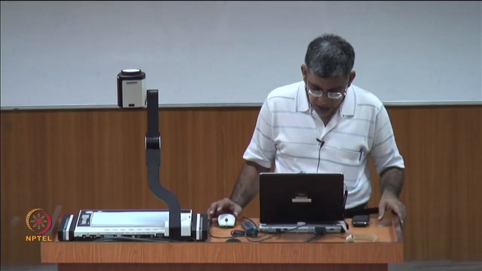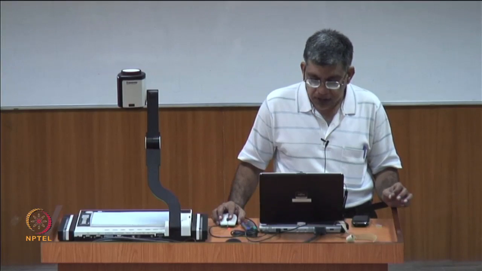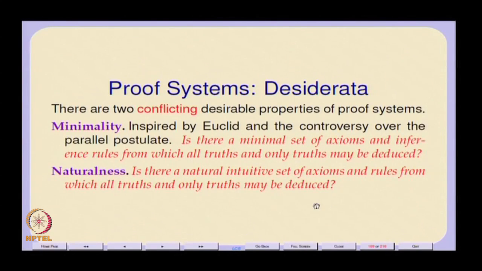And in fact, what happened was that was one of the things that I spoke about previously, right, that there are two conflicting desirable properties of a proof system. One is minimality, which is essentially inspired by Euclid's and the controversy over his parallel postulate, and the second thing is naturalness, right. How natural is it to apply certain rules?